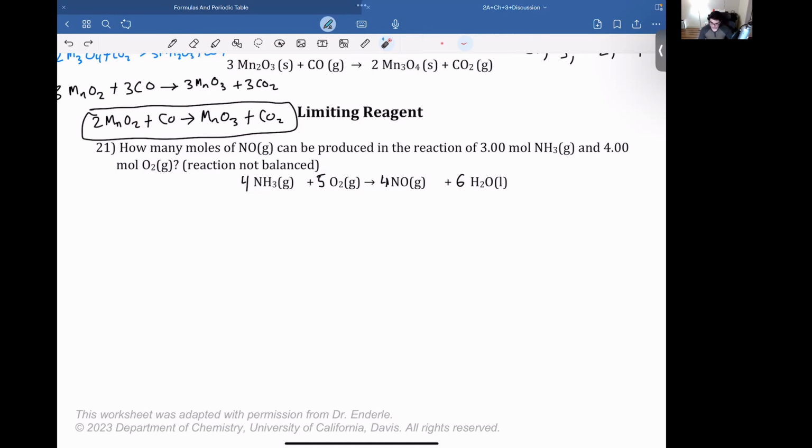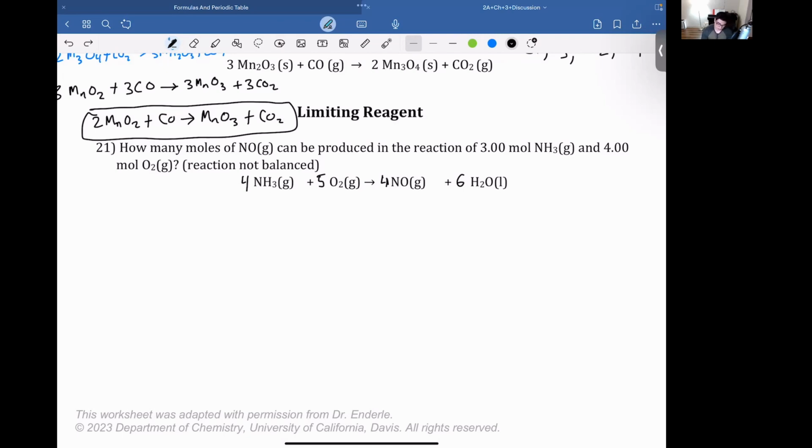You would have 4 times 6.022 times 10 to the 23rd NH3s, with 5 times 6.022, right? It's the same thing. So you can think of this in terms of moles instead of just atoms. They're just measurements of how much of something there is. So if you think of this in terms of moles, our unit of measurement, let's see how many times I can do this reaction or this recipe with the things I am given.